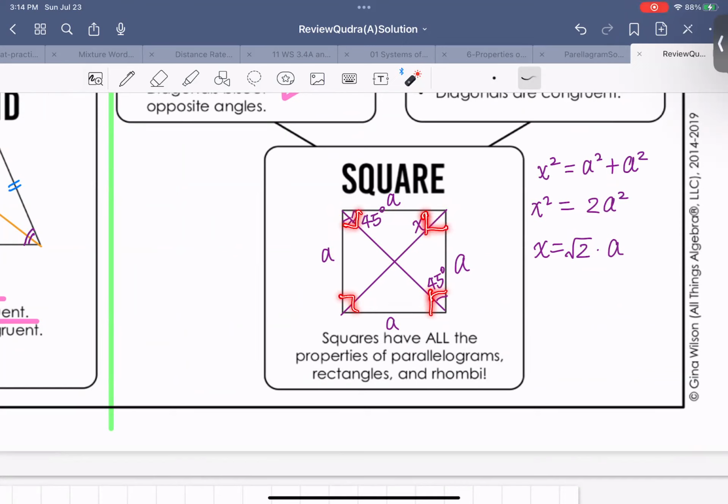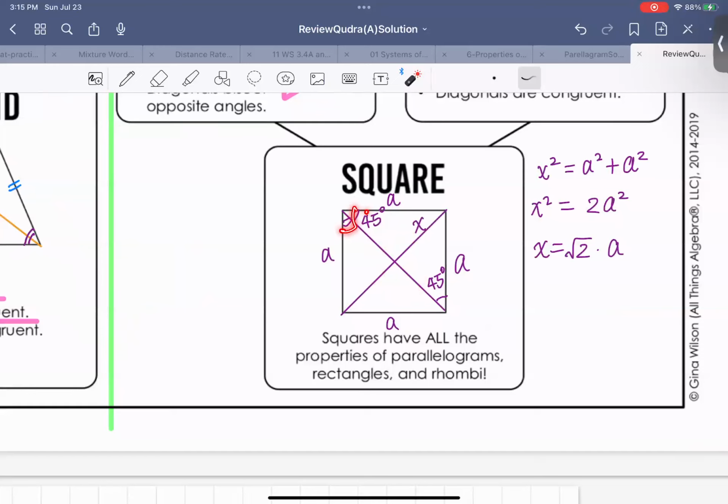They're all 90 degrees, all four angles 90 degrees. What else? The diagonals are perpendicular. Good. Diagonals are perpendicular, and also bisect, right? Yeah. And these two parts also equal, because it's a rhombus, so these two also equal.